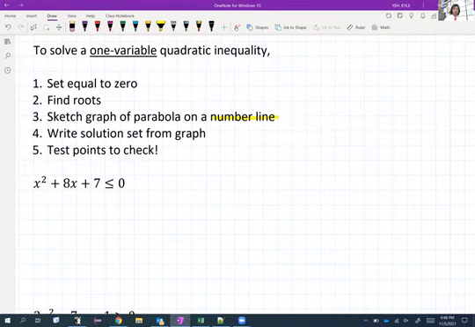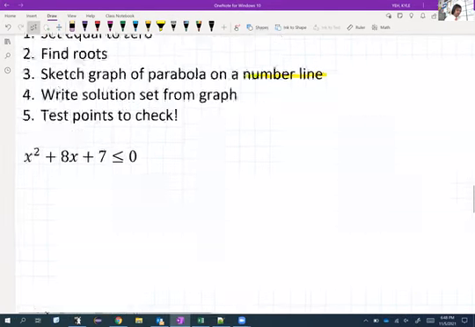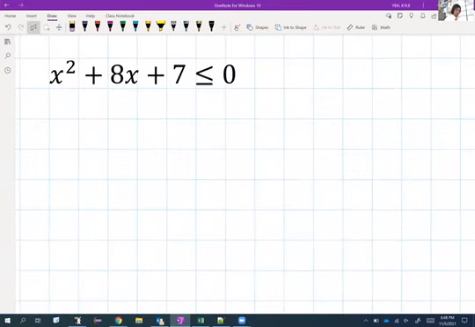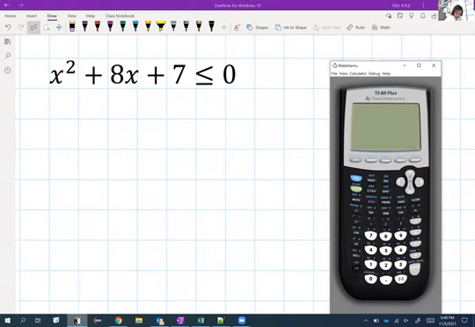That will absolutely work. But what I'm going to do is demonstrate how to adapt this onto the more familiar coordinate plane. So here's what I'm going to do. I'm going to take this quadratic expression on the left, and I'm going to plug it into my calculator.